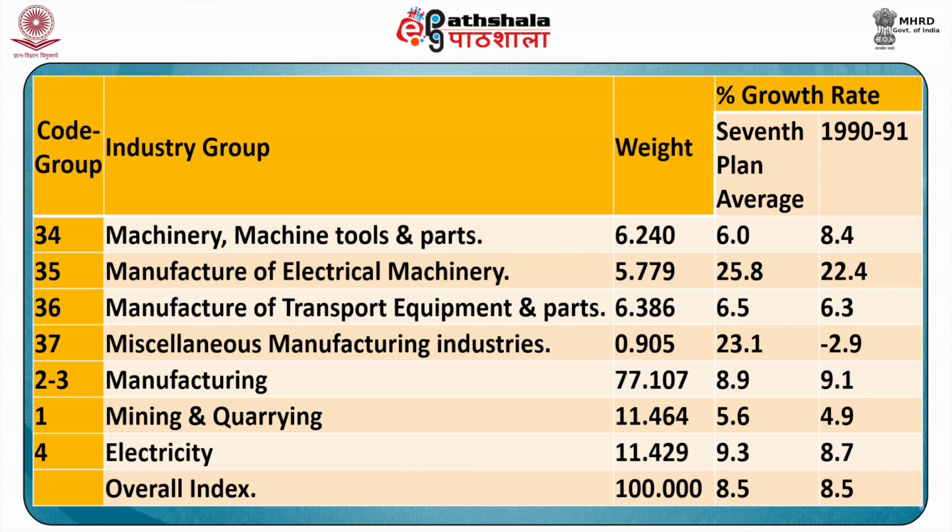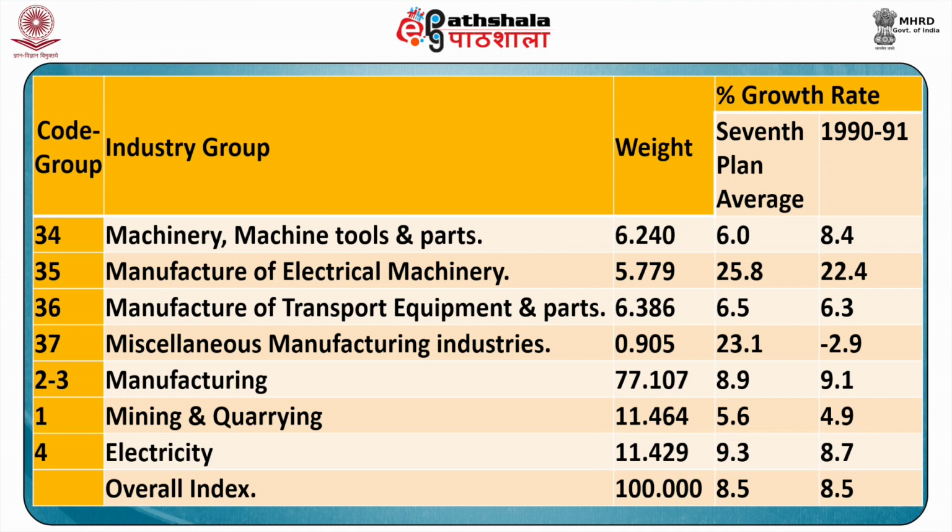Next is mining and quarrying. Its weight was 11.464 with a growth rate of 5.6% in the 7th 5-year plan and 4.9% in 1990-91. Next is electricity.